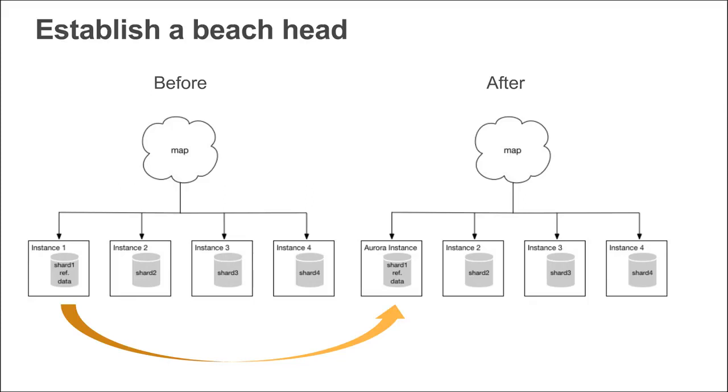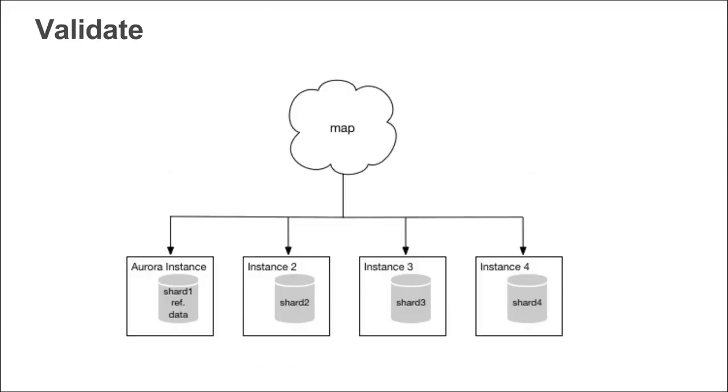So now you've got Aurora there, and your second, third, and fourth shards are still running on MySQL. So you got your before and your after. Once you've got that all set up, you have to go and continue moving the shards across.